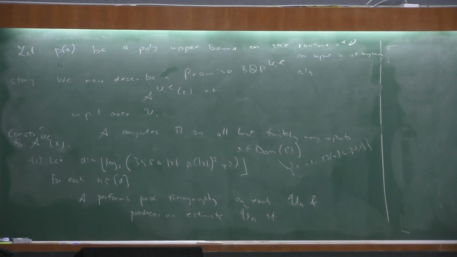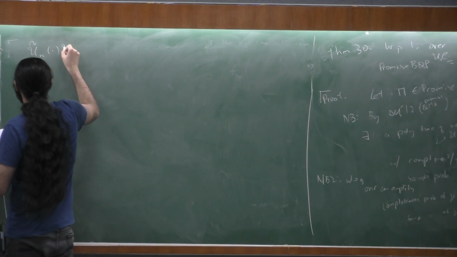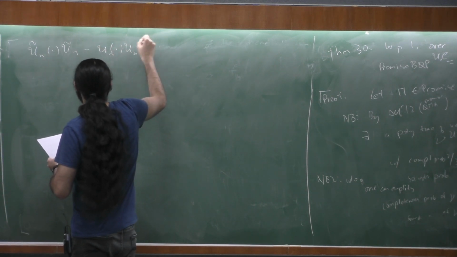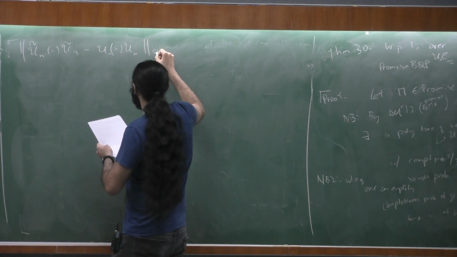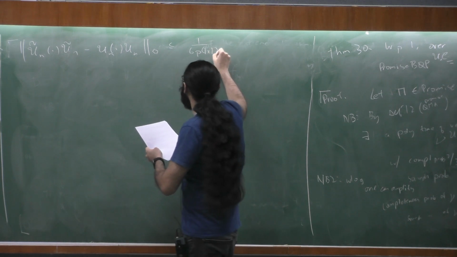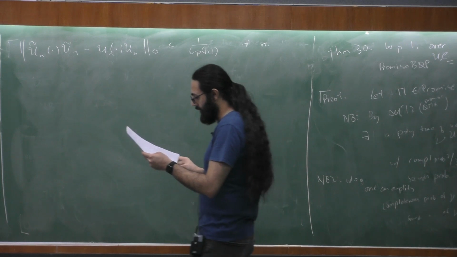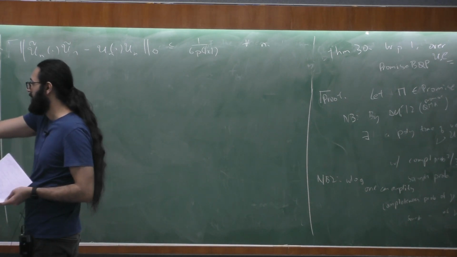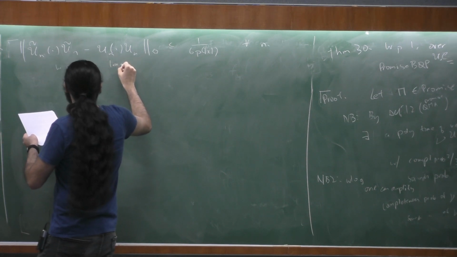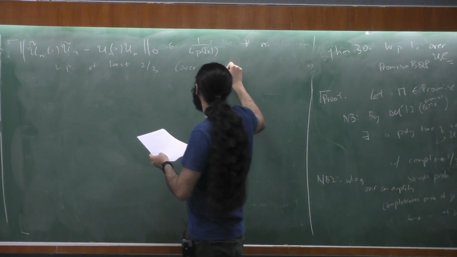So it performs process tomography to get U tilde n, such that the diamond norm of U tilde n minus U is at most 1/6p for all n, with probability at least 2/3 over the randomness, for all the n's that we restricted to.